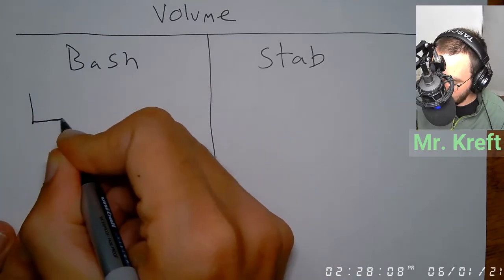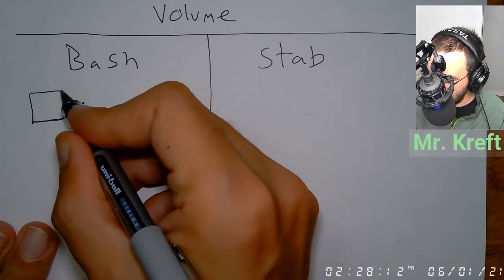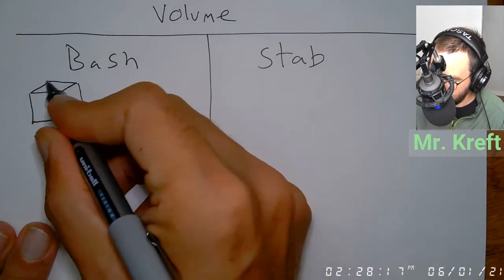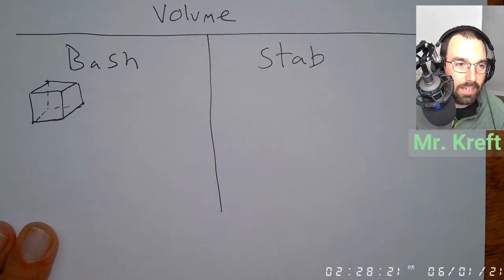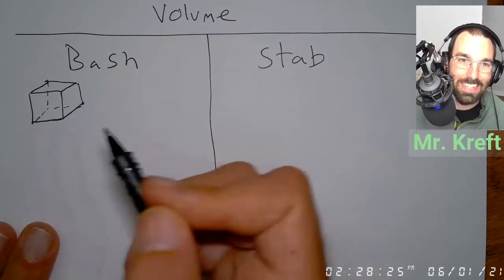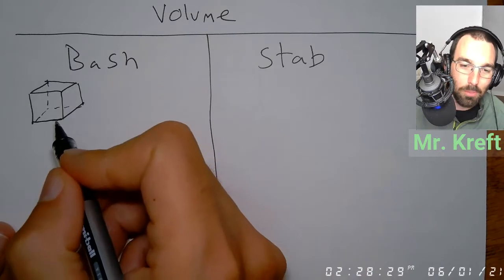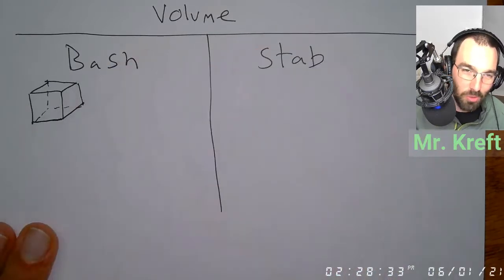So shapes that bash. One of the shapes that bash, if we draw a rectangle, we can make this into a prism. That's a shape that would bash. You would just hit them. If they're flat surfaces, it wouldn't penetrate. Now, some people point out, wouldn't you cut someone with the edges?